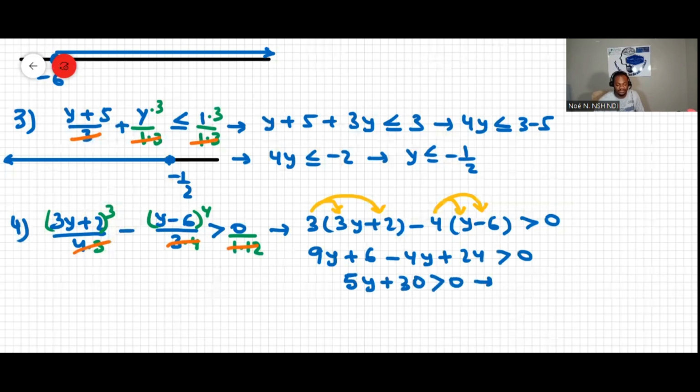And that makes what? 5y is greater than negative 30. So y will be greater than negative 6 because we divide both sides by 5. Not equal, but greater than negative 6. Okay, then we can use the number line again over here.